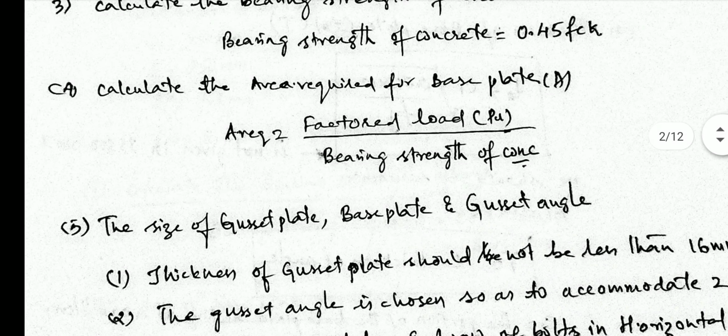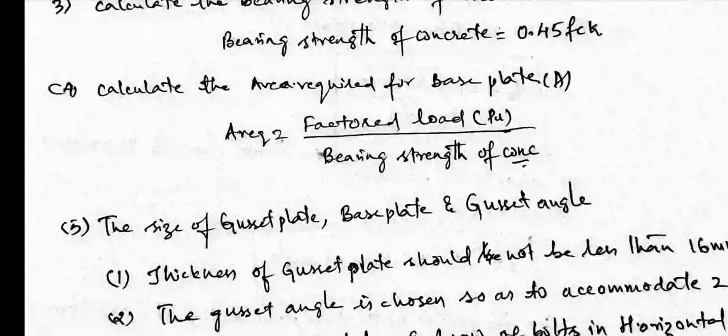Now the fourth step is also the same as your design of slab base. You have to calculate the area required for the base slab. We already know A required is equal to factor load divided by bearing strength of concrete. The bearing strength of concrete we already calculated in step 3, so we put the value in the denominator.